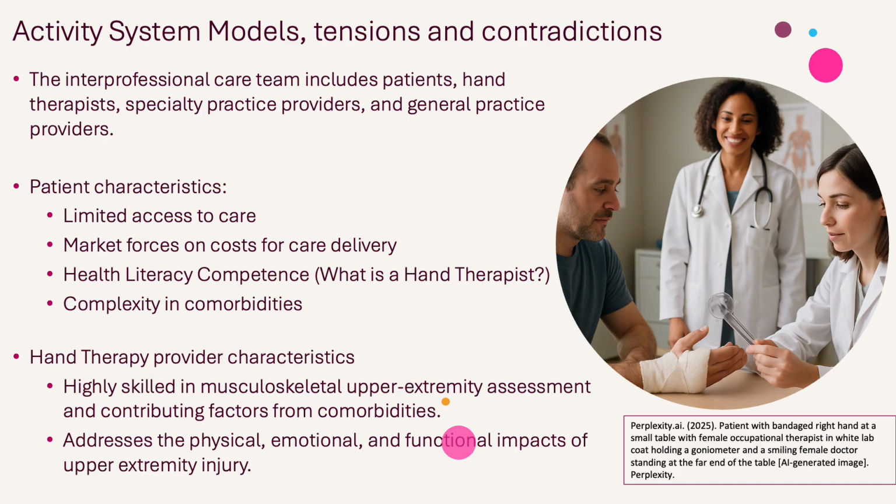Learners in hand therapy are situated at the intersection of the patient and provider, as well as the learner and the practitioner. These social roles create tensions for the learner that can make mastering content to become a proficient therapist very difficult.